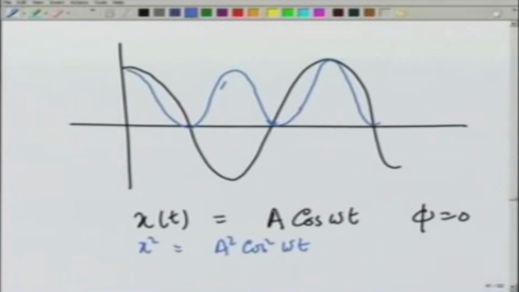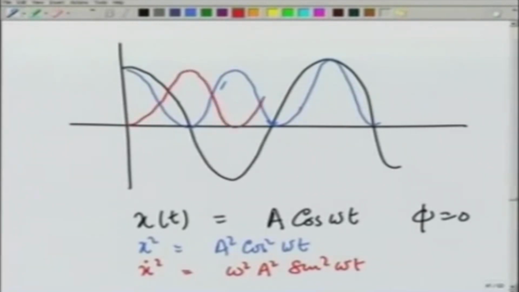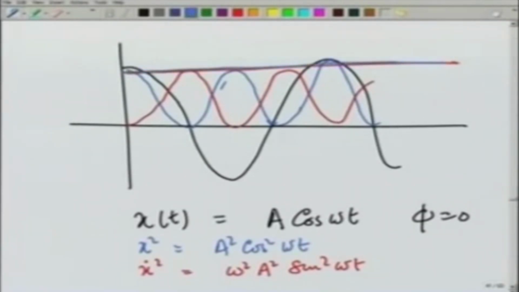Similarly, x dot, let me show this with red, square would look like omega square a square sine square omega t. So, that curve would look something like this. And when I add the two up, the sum would be a constant. Let me show it with red and blue together, and that's the total energy, half k a square.